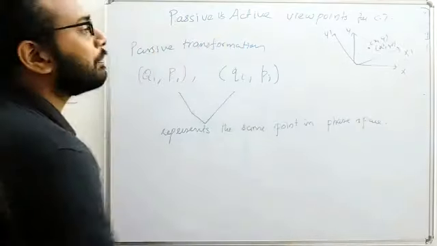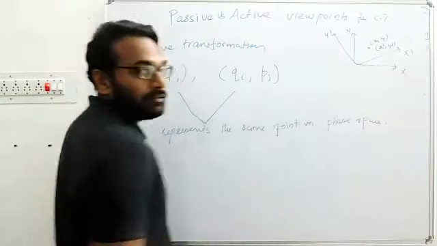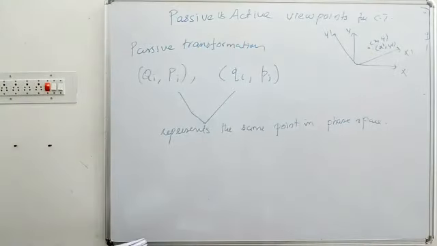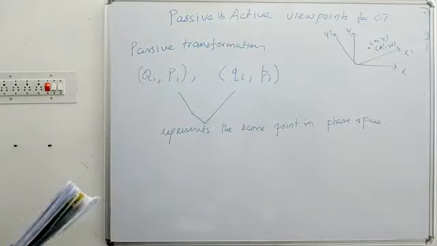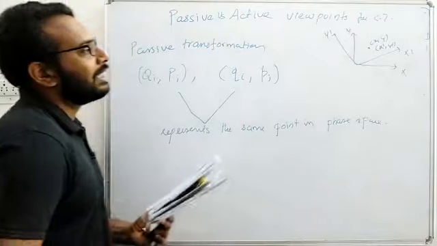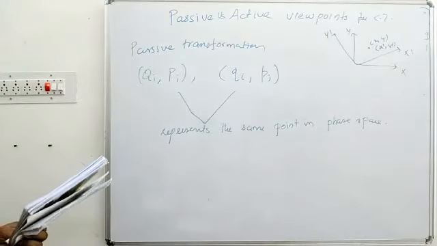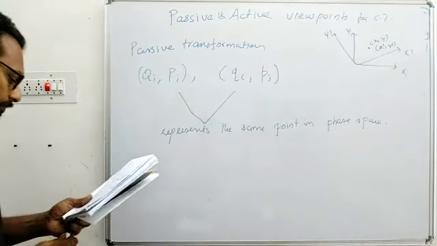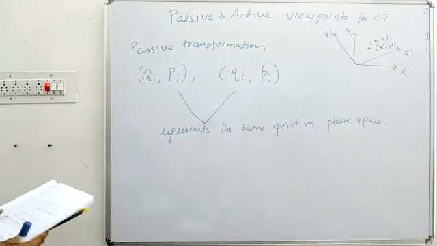All right. So this is a passive transformation. We are going from one coordinate system to the other, but you are exactly describing the same physical system or physical state in terms of different coordinates. That's known as a passive transformation. Okay. All right.